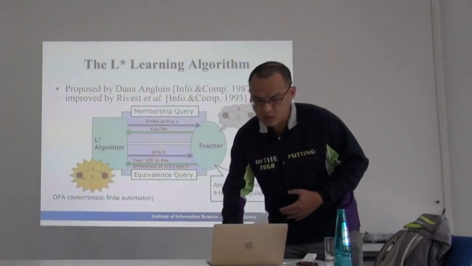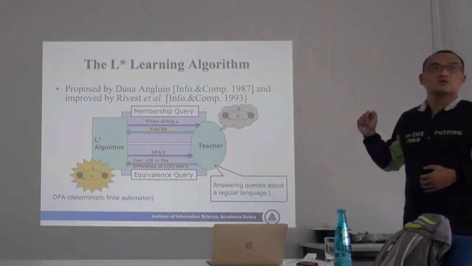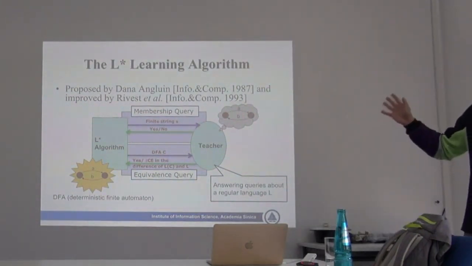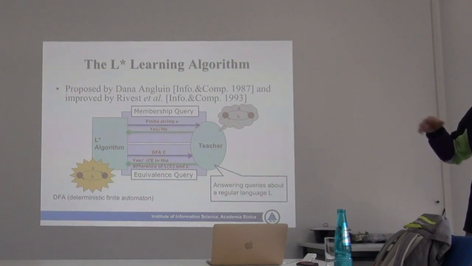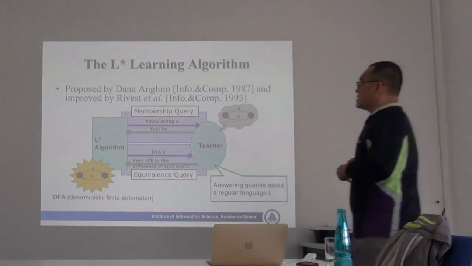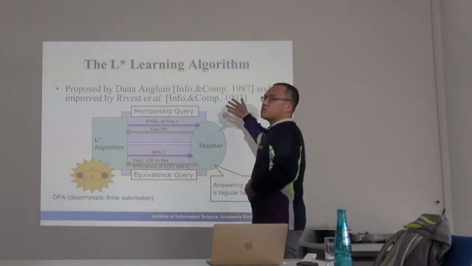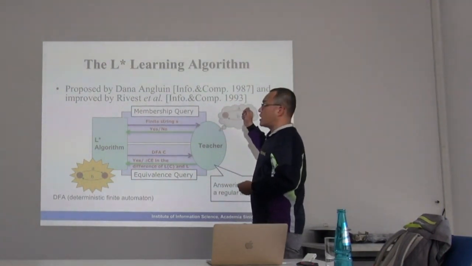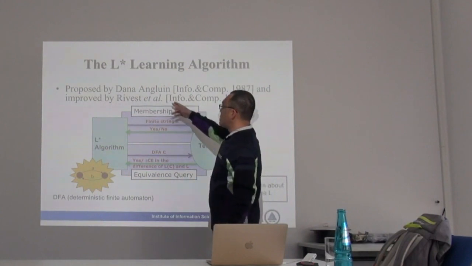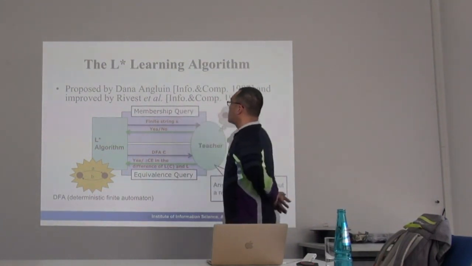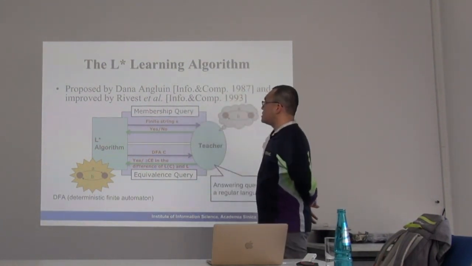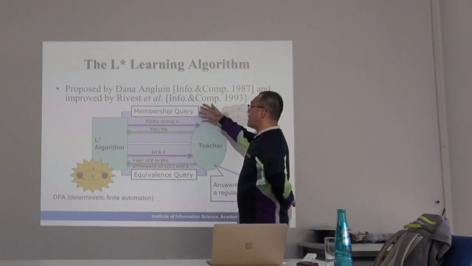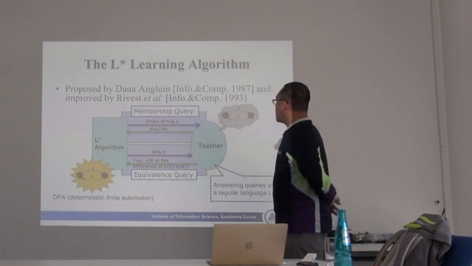So I'll begin with the basic L* algorithm. If it is too simple, just let me know. I can do it quicker. The L* algorithm is actually the algorithm used in the CACM article. It was first proposed by Dana Angluin in 1987, and then improved by Rivest and Schapire in 1993.